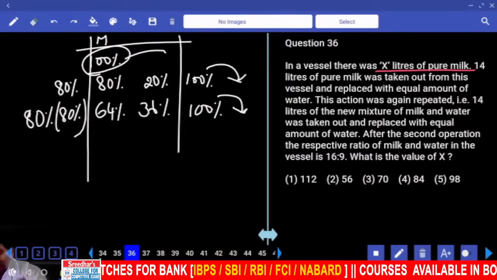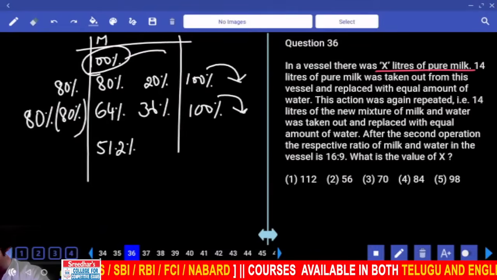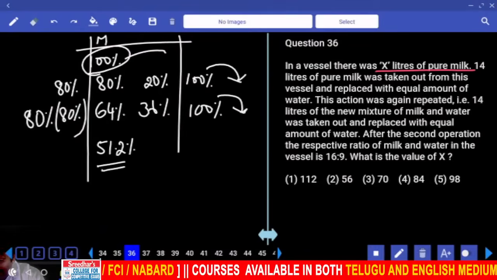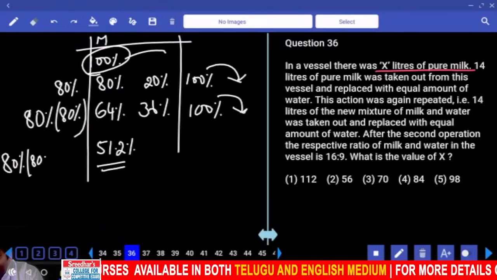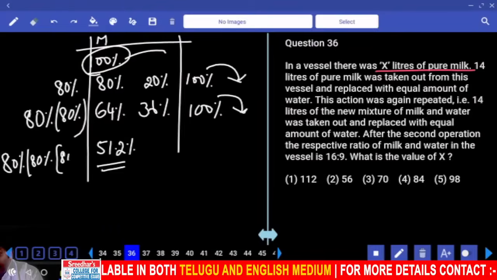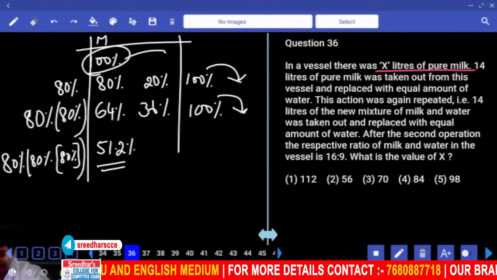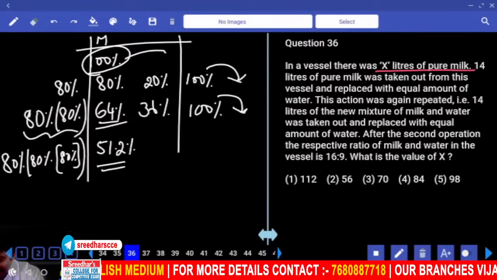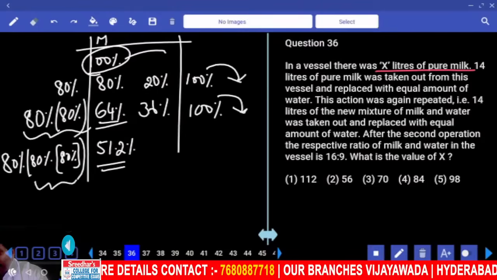If 12.8 is subtracted, then you will have 51.2% of milk, correct? And this value is equal to 80% of 80%. Yes, 64 is equal to this much only. 80% of 80%. The same I am writing here.